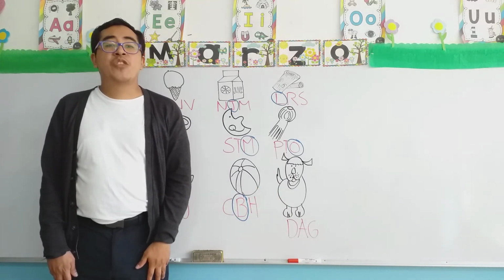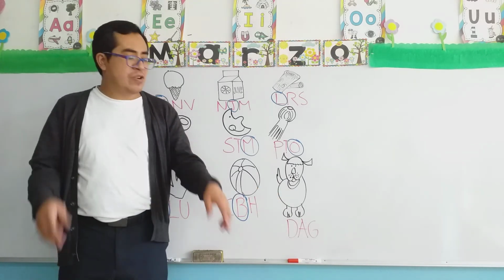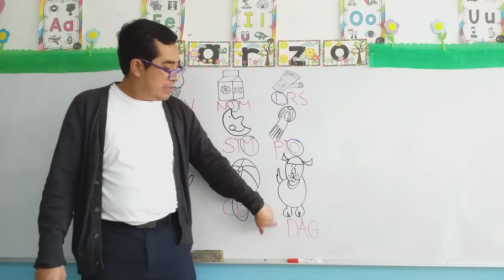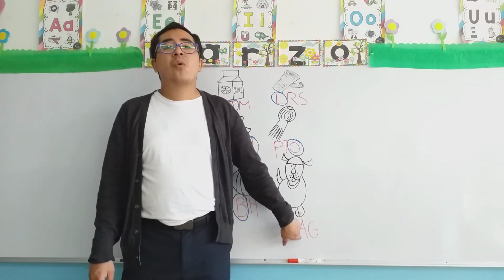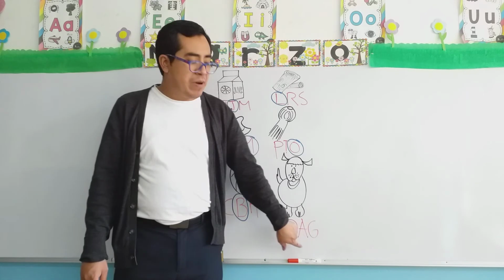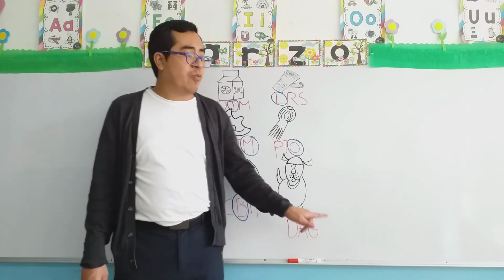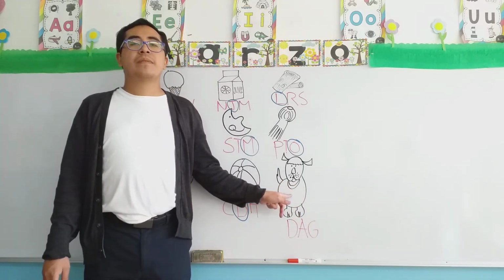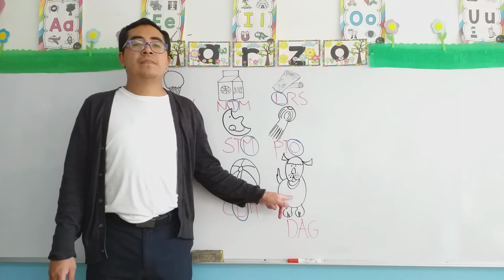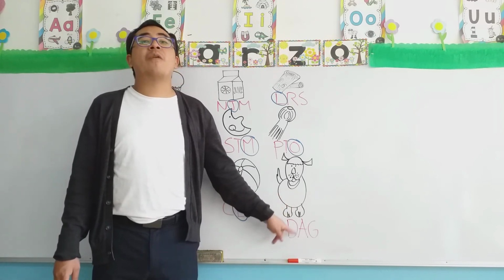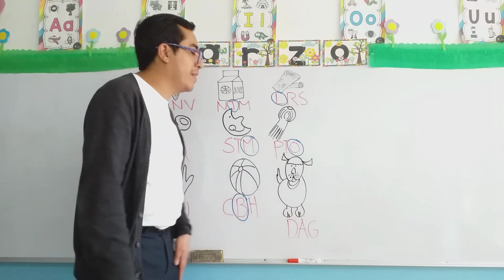Now, for dog, we have letters D, A, or G. What letter do you think we use for dog? Letter D of dog. Excellent.